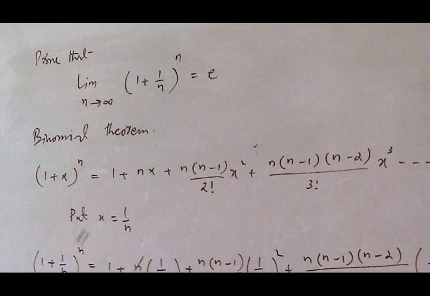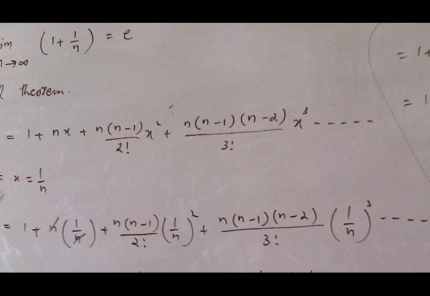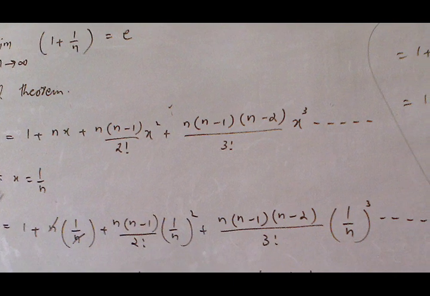Now this is the proof of the theorem. We use the binomial theorem: (1 + x)^n is equal to 1 + nx + n(n-1)x²/2! + n(n-1)(n-2)x³/3! and so on.